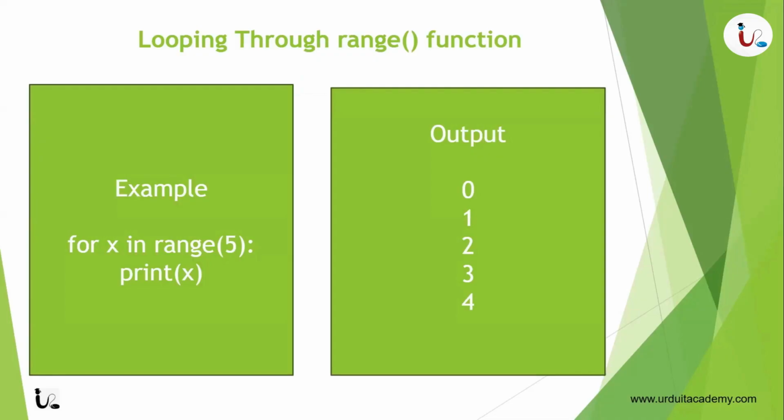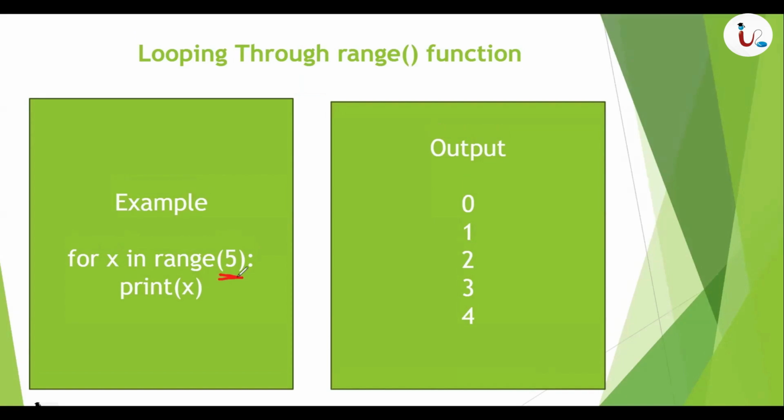All right. So for example, here you can see for x in range(5). Whenever inside the brackets of the range function you have only one parameter, that becomes a limit. Here we have only one value, which is 5. So when there is only one value in the range function, that 5 is treated as a limit.